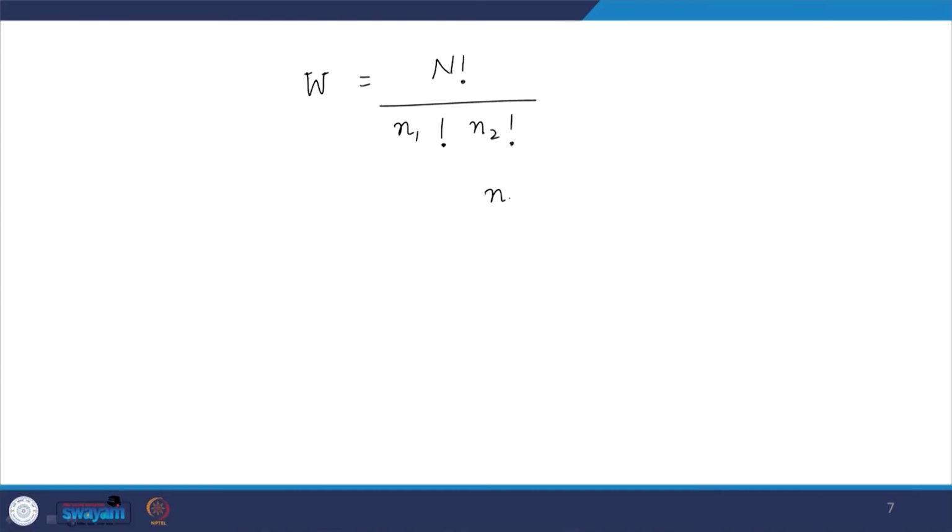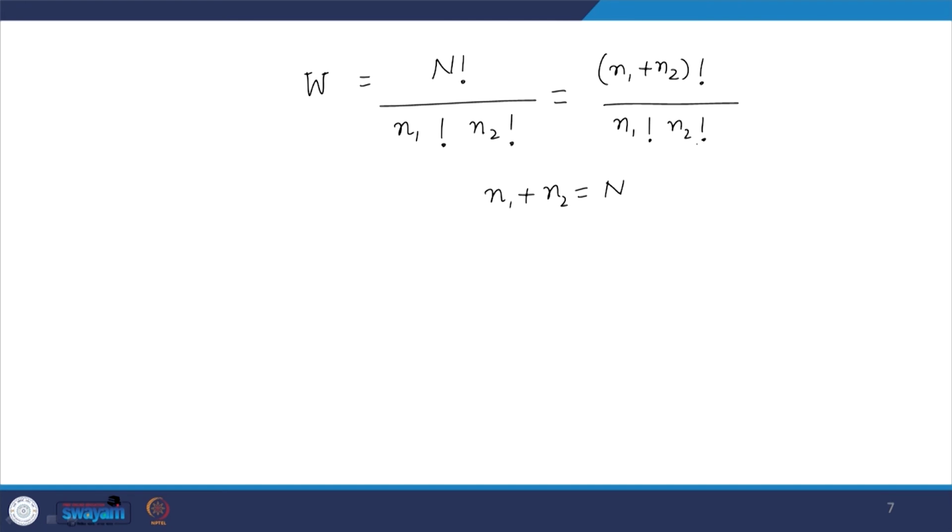Whatever is happening, the key point is that it is a binomial distribution, and we had a constraint n1 plus n2 is equal to n. So, I can also write this w as in fact n1 plus n2 factorial by n1 factorial n2 factorial.